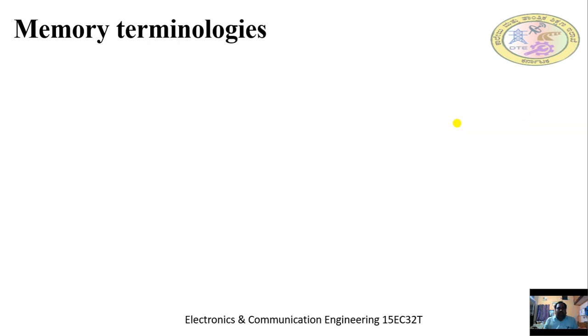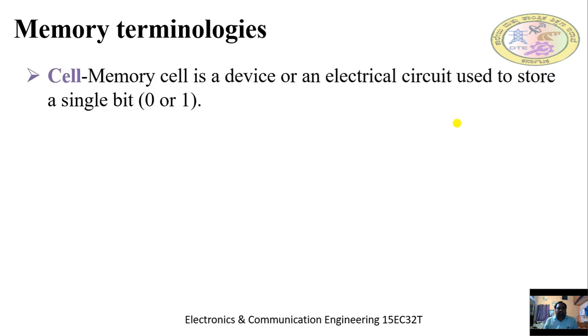Let us discuss the memory terminologies. Very first one, cell. Memory cell is a device or an electrical circuit which is used to store a single bit of information. So as we know, the cell is going to store a single bit of information. It can be a logic 1 or a logic 0.